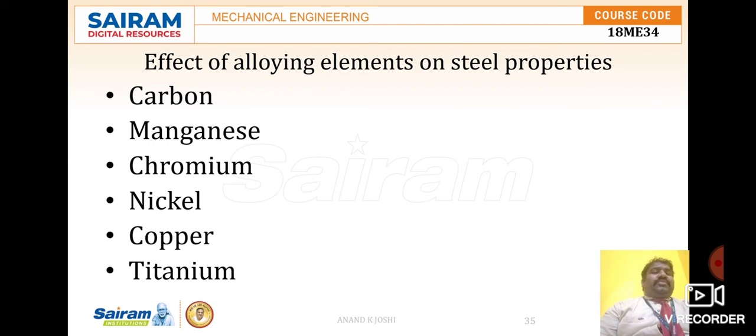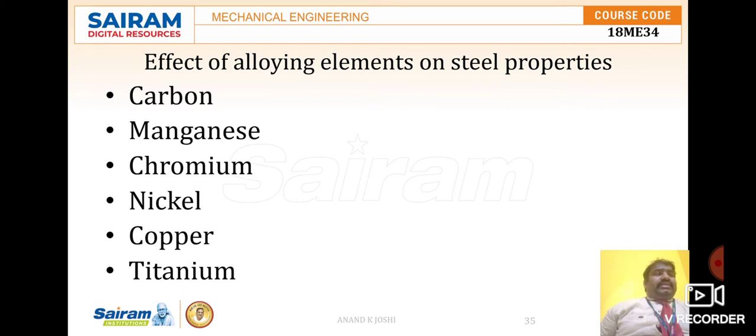And then we'll discuss chromium. Already you know that chromium is one of the most responsive materials to heat treatment. It imparts good wear resistance and high hardness.